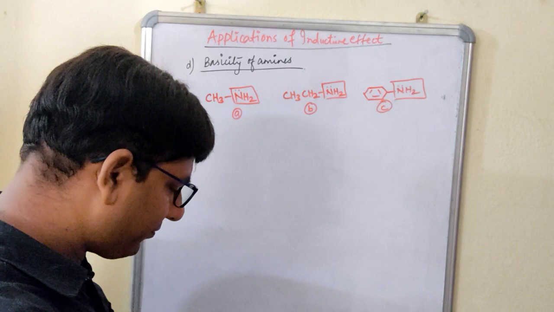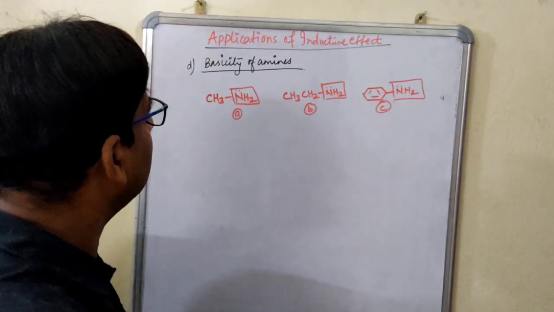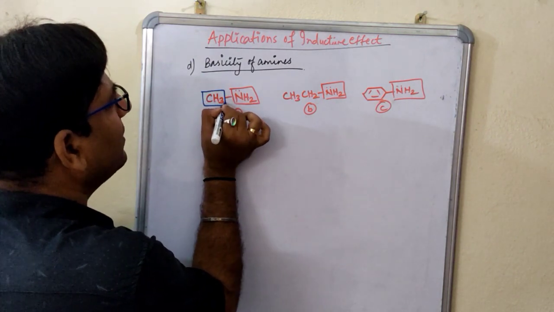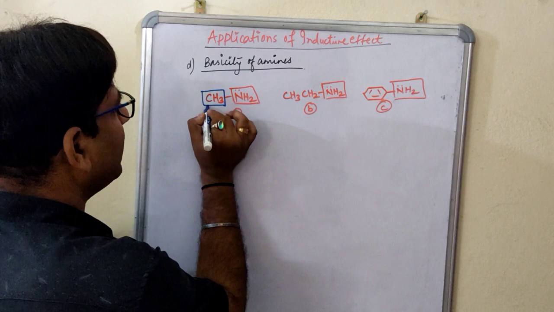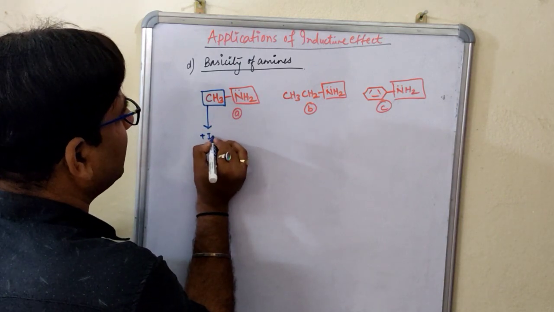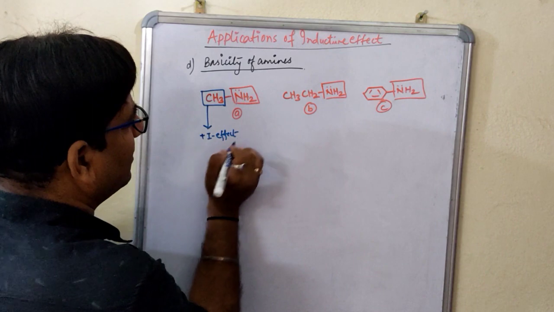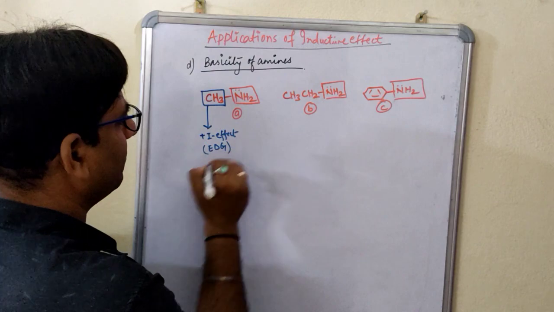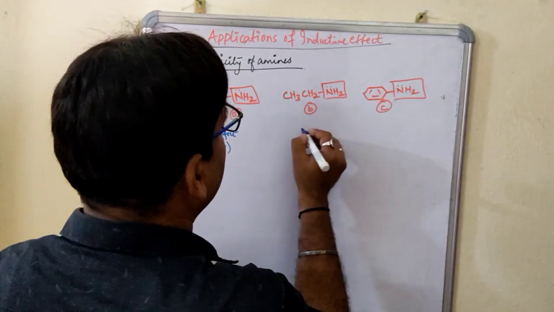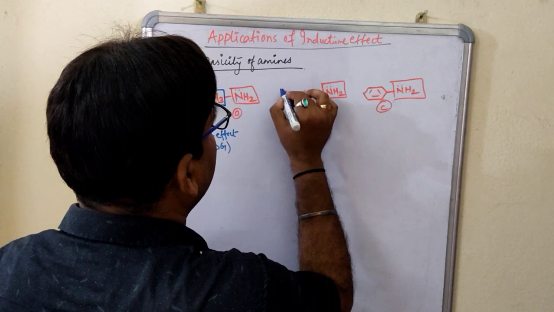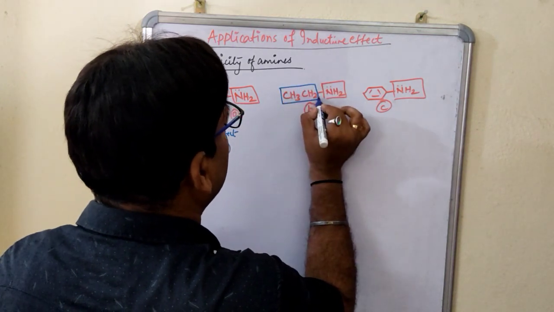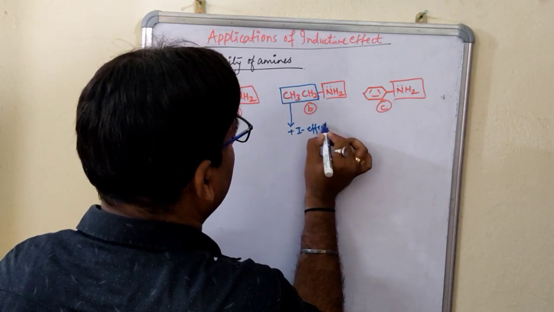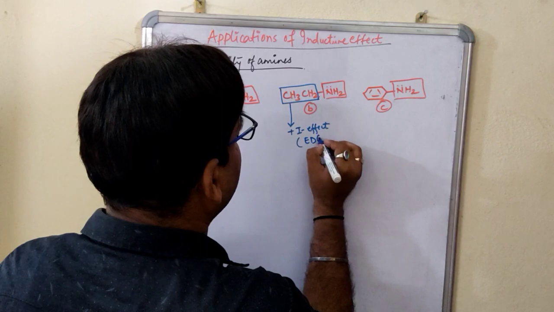So now let us see this. In the first case we have CH3. This CH3, students, has the plus I effect, meaning it is an electron donating group. Here we have CH3CH2, which also has the plus I effect, and it is also an electron donating group.